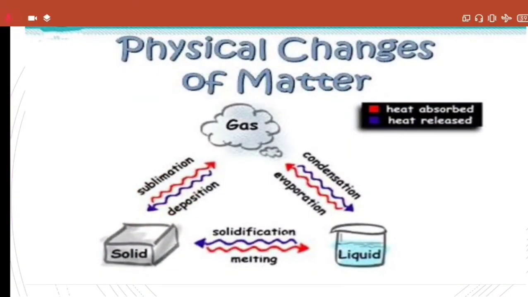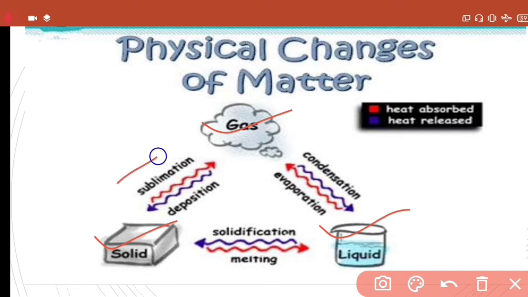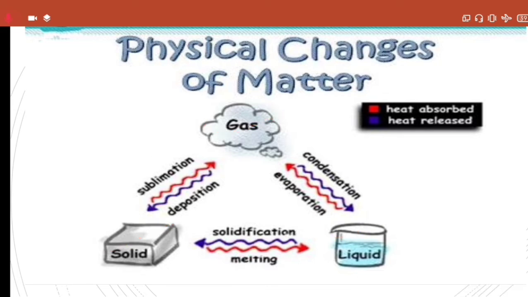Now, let's study the different categories to which a physical change belongs. As we all know, we have three states of matter: solid, liquid and gas. The processes in which they interchange all belong to physical change.